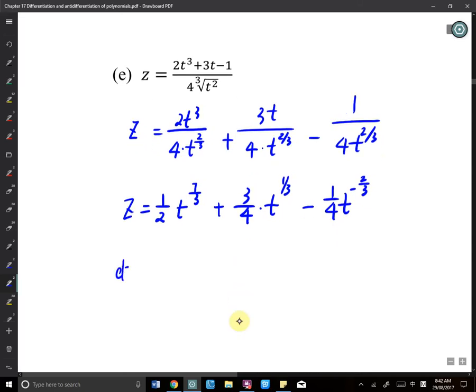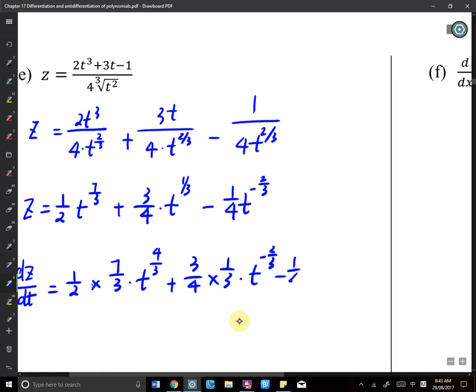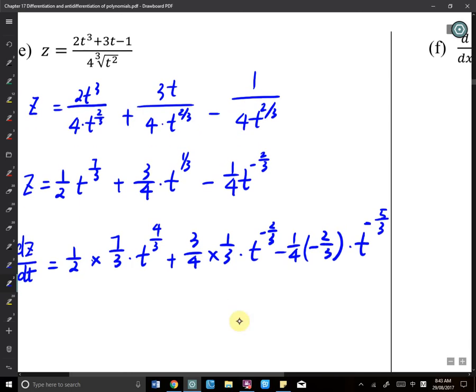And then we'll say that's dz/dt. A half times 7 over 3 times t to the power of, subtract by 1 is 4 on 3, plus 3 on 4 times 1/3, t to the power of negative 2/3. Minus 1, and then minus 1/4 times negative 2/3 times t to the power of negative 5 over 3, since minus 1 becomes 5 over 3.